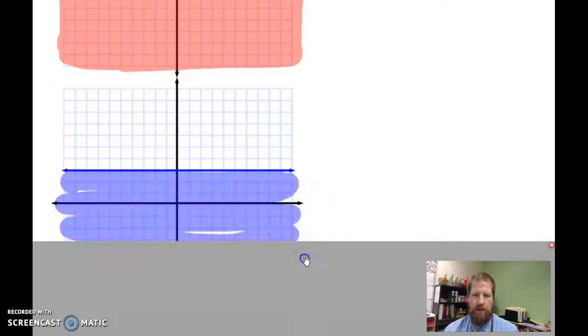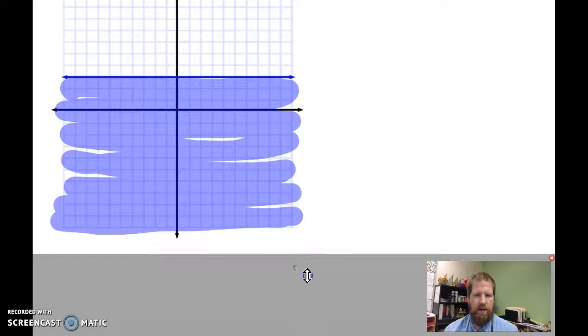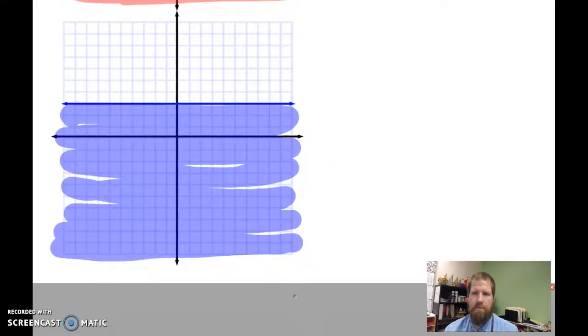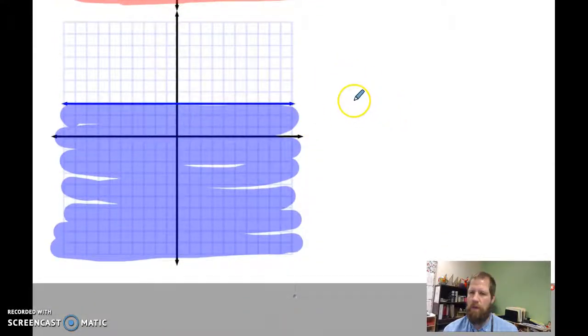All right, last one. Oh, my blue highlight made it look kind of weird. But this works. We'll have an inequality for this one as well, even though it is not a line with a diagonal slope. So we're going to have our y.